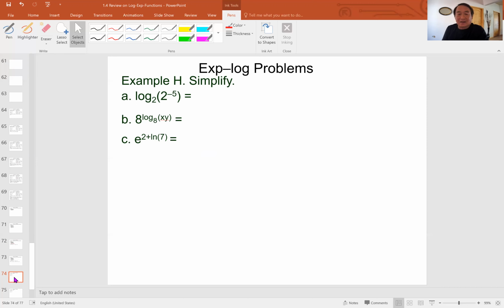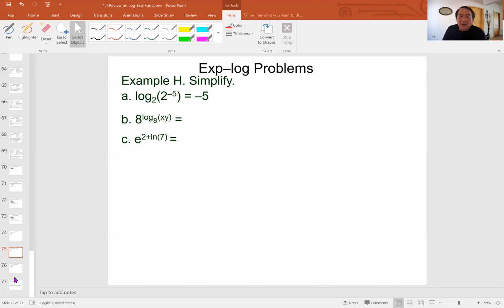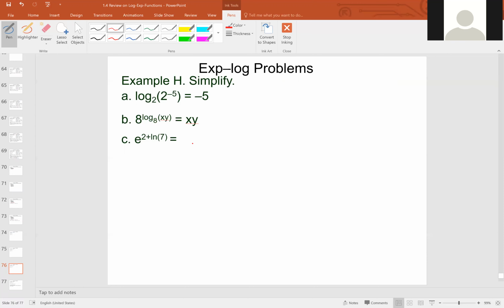And finally, we have some basic identities of logs. So I leave you to think about this one and these, and also these ones. Basically, the log and the base raised to a power undo each other.